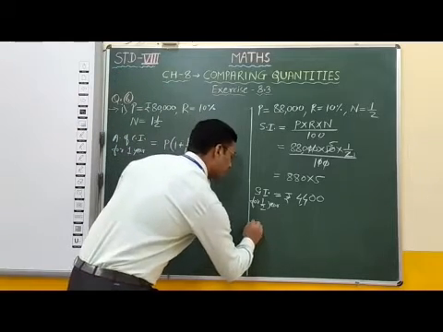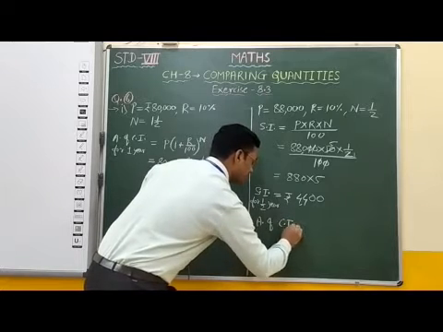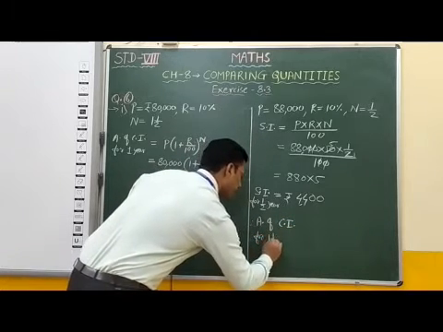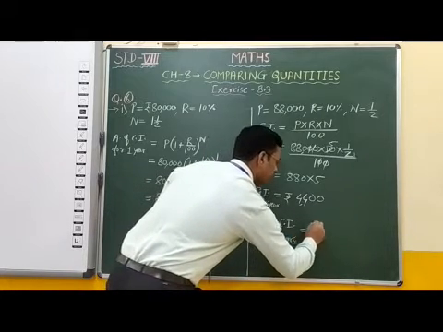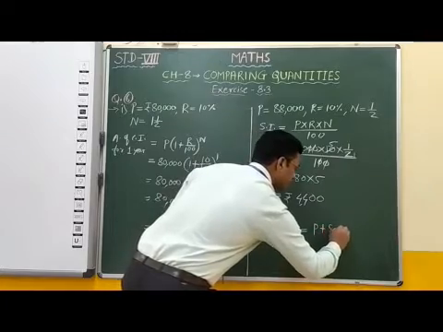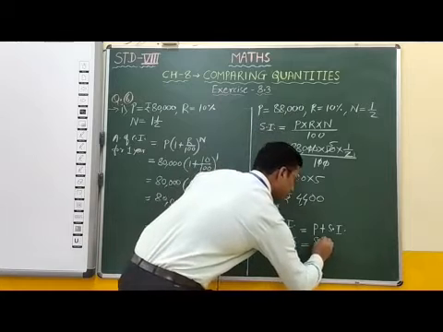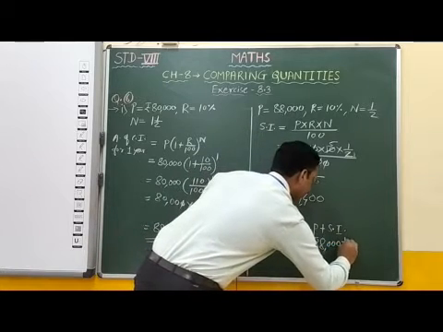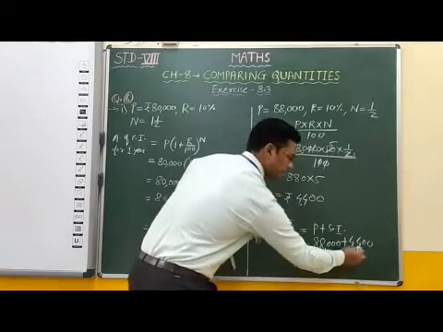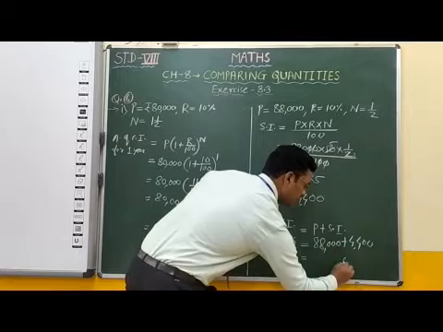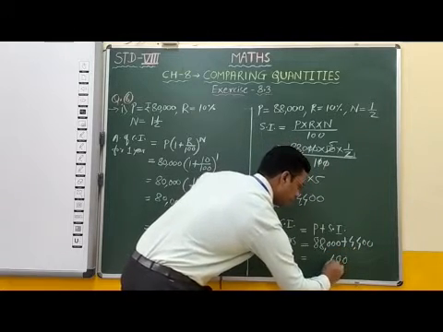Therefore, amount of compound interest for 1.5 years is equal to P plus SI, which is equal to 88,000 plus 4,400. Here 0 plus 0, 0, 0 plus 0, 0, 4 plus 0, 4.